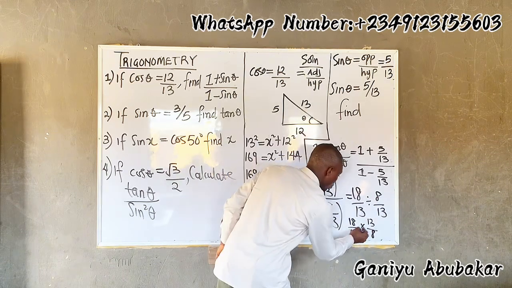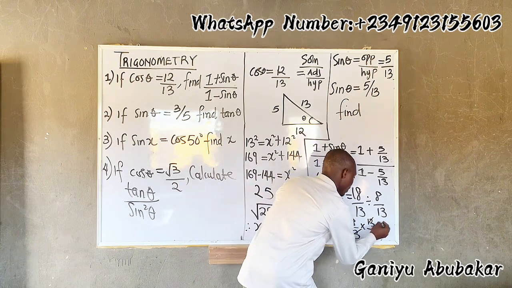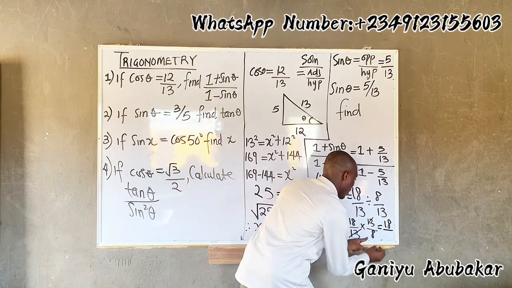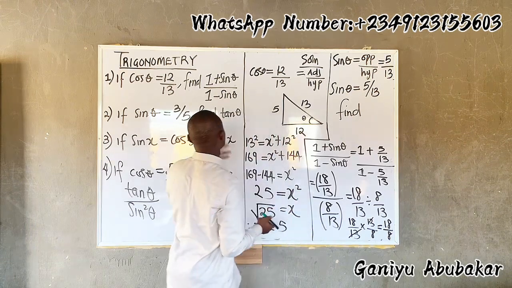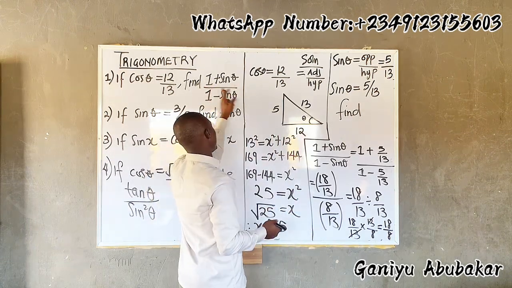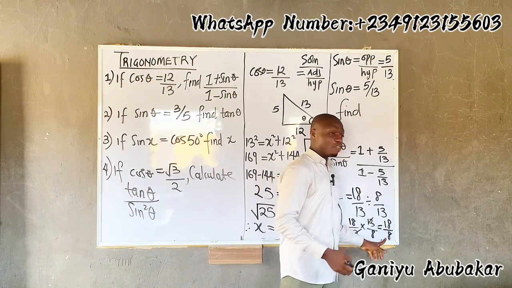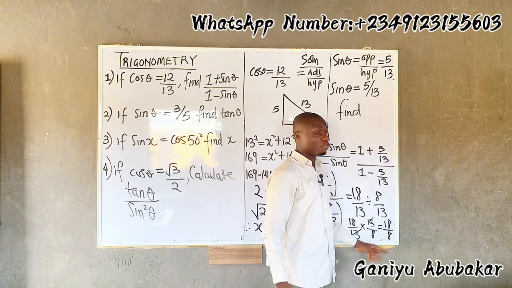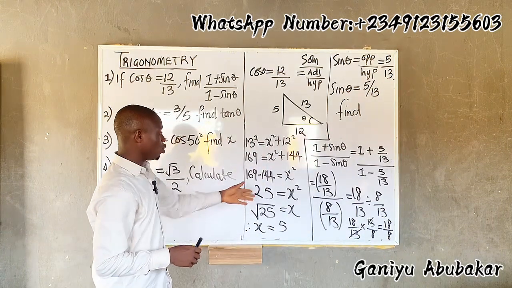So the 13s cancel, and I'm left with just 18 over 8. So the value for 1 plus sin theta over 1 minus sin theta is 18 over 8. So this is how to solve this particular question.